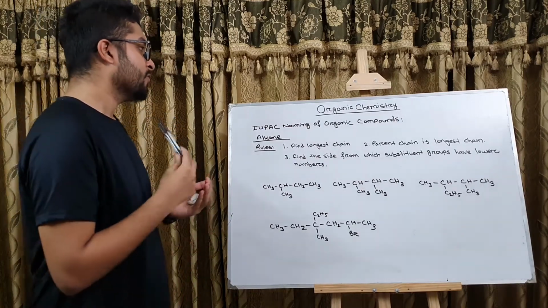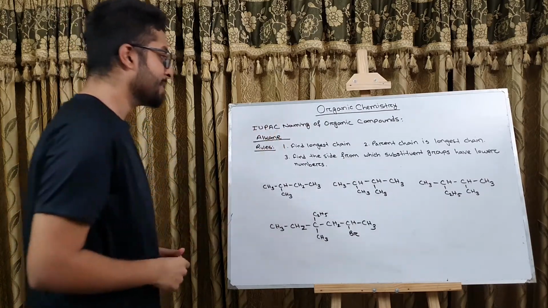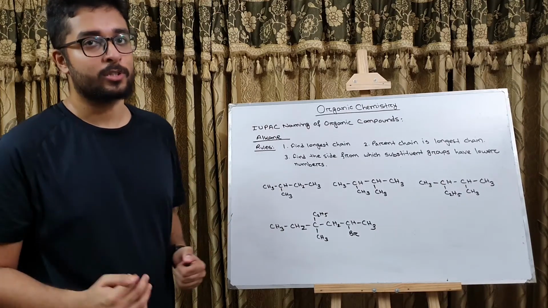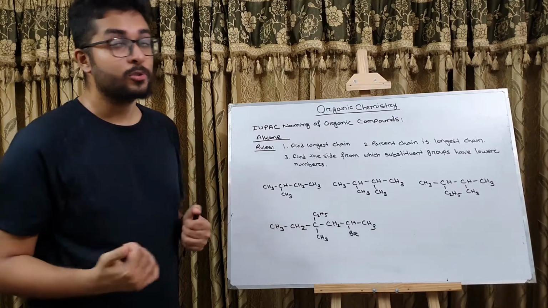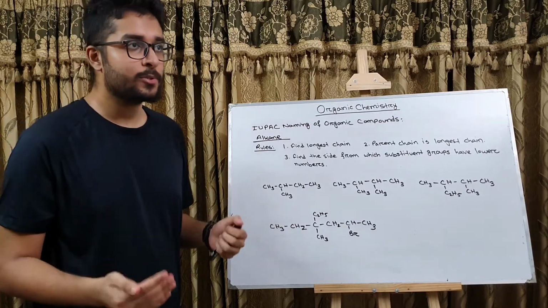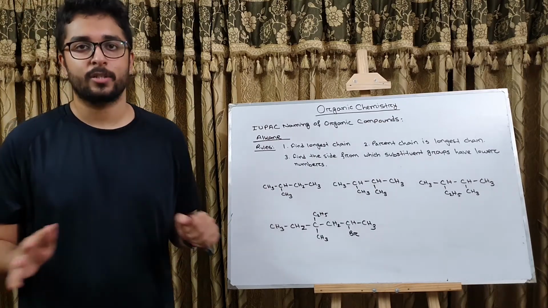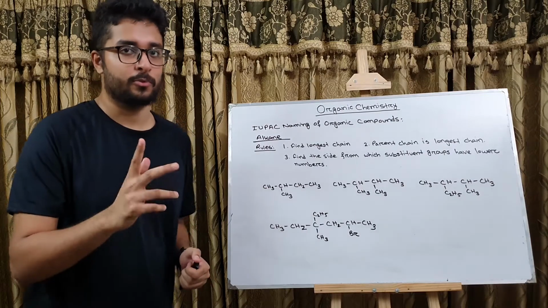For naming an organic compound, the IUPAC, an international organization, has set us some rules. People generally first go through those rules, try to memorize them, and try to name the organic compounds by using those rules. But we are not going to do that. We are going to see examples and validate those rules.